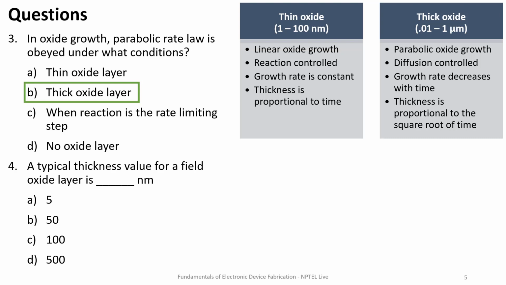So if you have a doubt, what is a field oxide layer? Basically, it will be thicker compared to a gate oxide layer. In this particular field oxide layer, the field dielectric will not be there. So that is the field oxide. It will be thicker compared to the gate oxide layer.